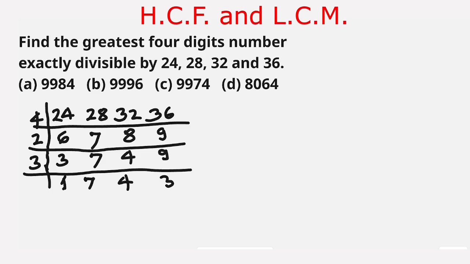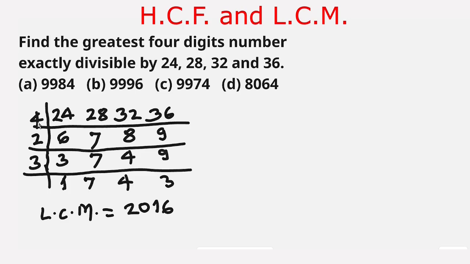So we now directly multiply these numbers to find our LCM. 3 times 4 is 12. 12 times 7 is 84. 84 times 3 is 252. 252 times 2 is 504. And 504 times 4 is 2016. Therefore, our LCM is 2016.